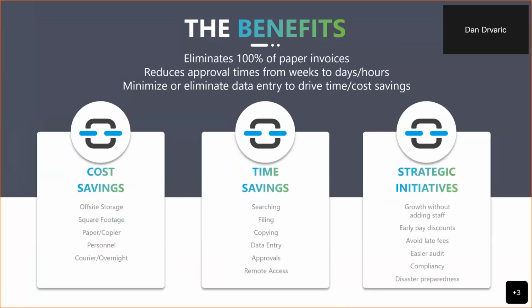They're going to save an enormous amount simply in paper and toner. They're also in very cramped offices, so they're going to eliminate their filing cabinets and be able to use that office space for something much more productive.